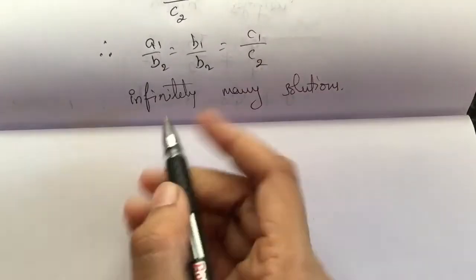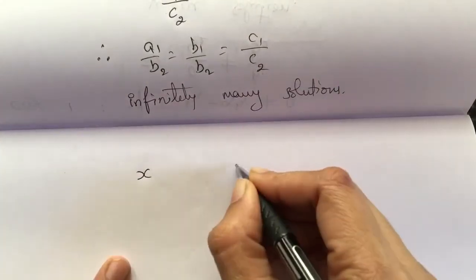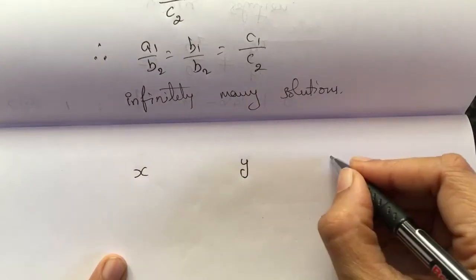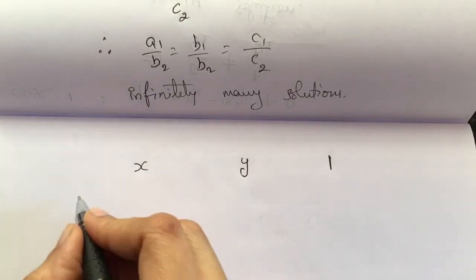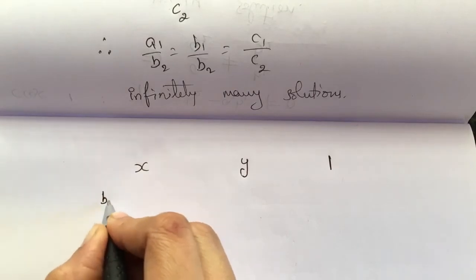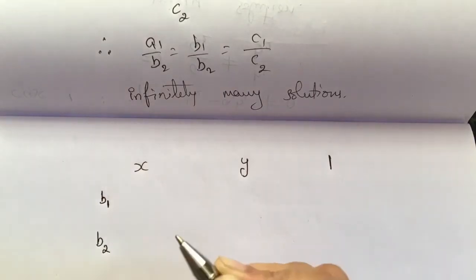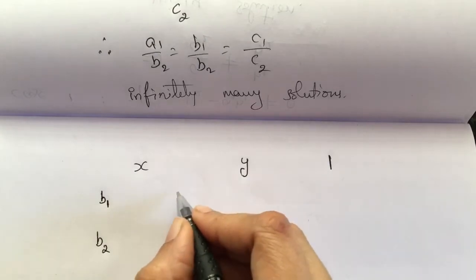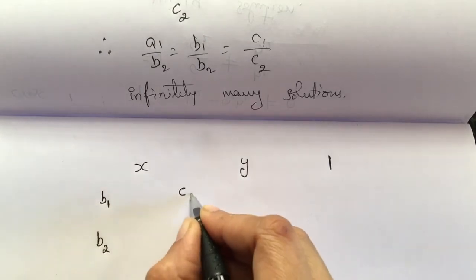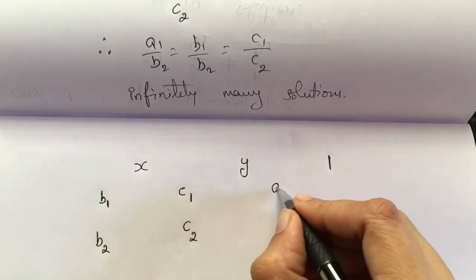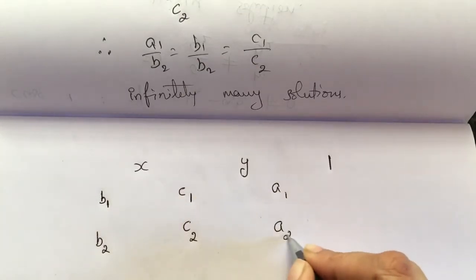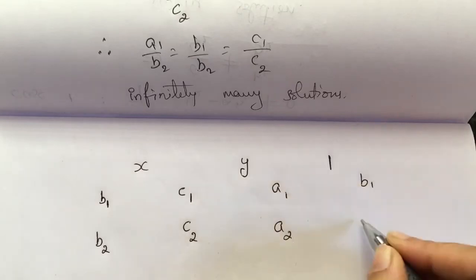You first write x, y and 1. Then you start with B1 always, not with A, you start with B. You write it down, B1, B2. Then after B comes C, so C1, C2. Then you take A1, A2 and then B1, B2.